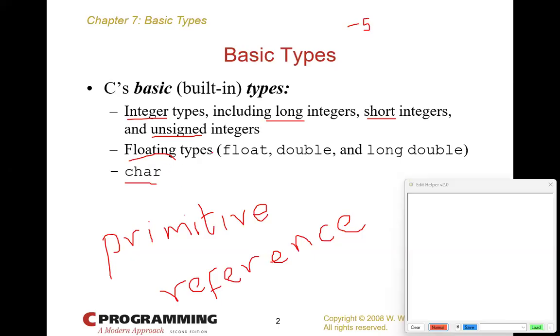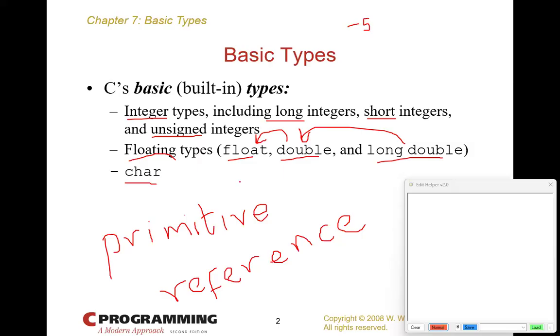Floating point also, we have different floating points. We have the regular float, we have the double float, which is longer than float, and then we have the long double float, which is longer than double. So this is just the idea. Because we want precision, we can try to make the number of digits in 0.00000567 larger.